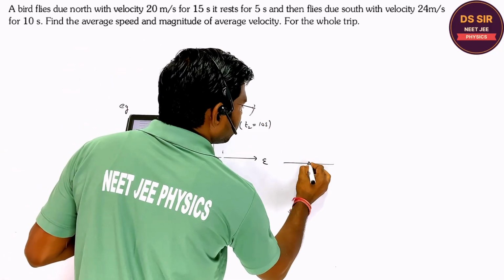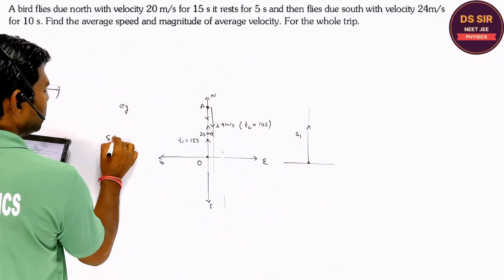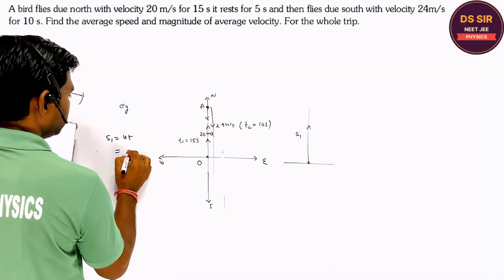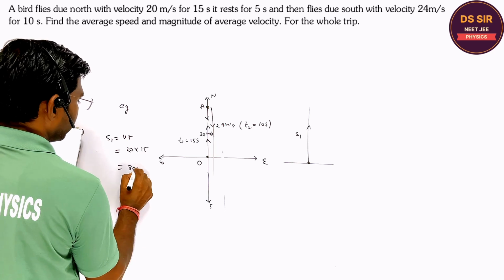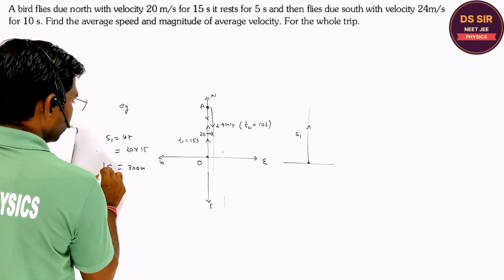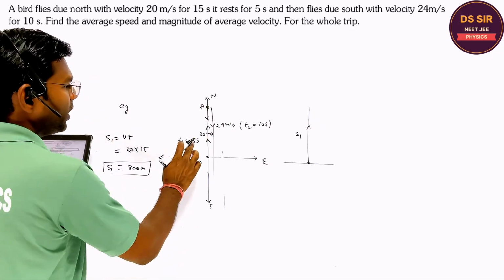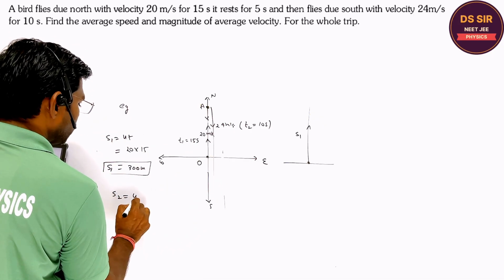If this is the point, first you find S1. S is equal to VT, so U is 20, and the time is 15, so 300 meter. So the distance covered in this direction is 300 meter in 15 seconds. Then S2 is equal to UT again.